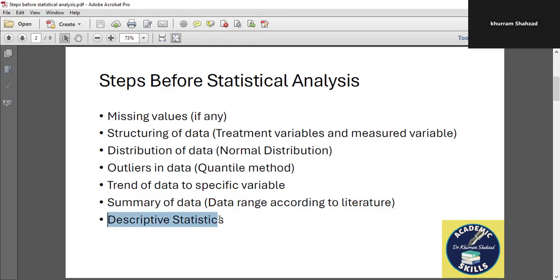In descriptive statistics, you can see the mean, standard deviation, and standard error, which are also helpful in checking your data before doing statistical analysis and making graphs. So these are the steps. As I told you earlier, these steps can help you build a good story for your article. When you are familiar with your data, you can build a good story, and with a good story, your article can be published in a good journal.